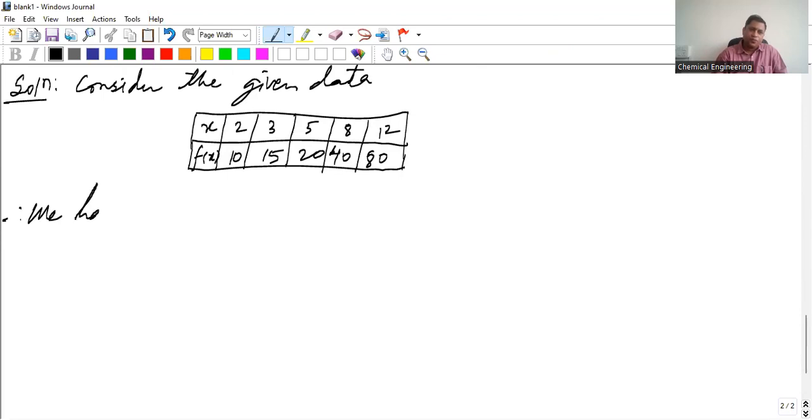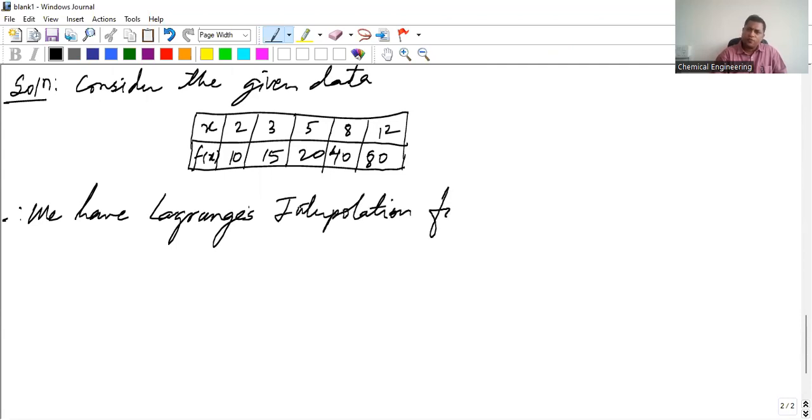So we have the Lagrange's interpolation formula as follows. This is f at x0, and x0, x1, x2, x3, x4, and here f of x1, f of x2, f of x3, and f of x4.